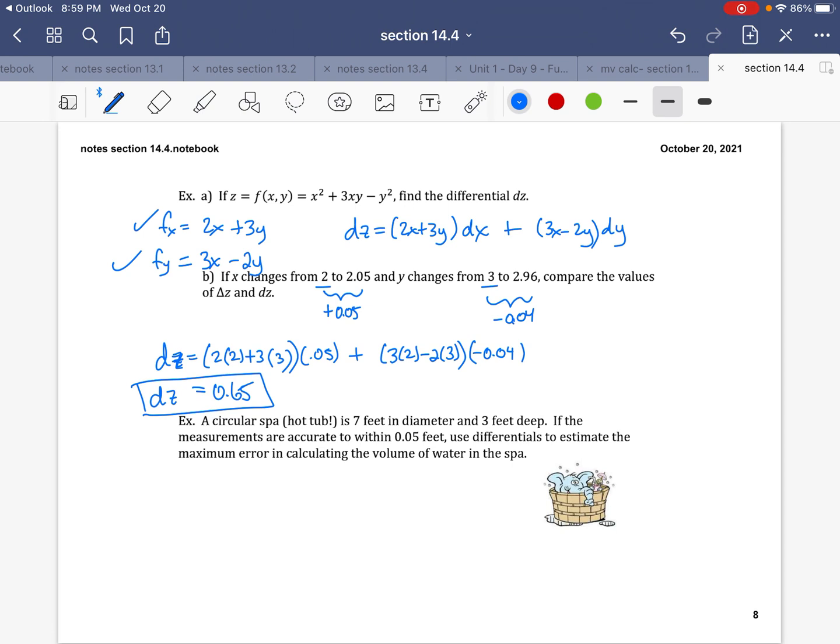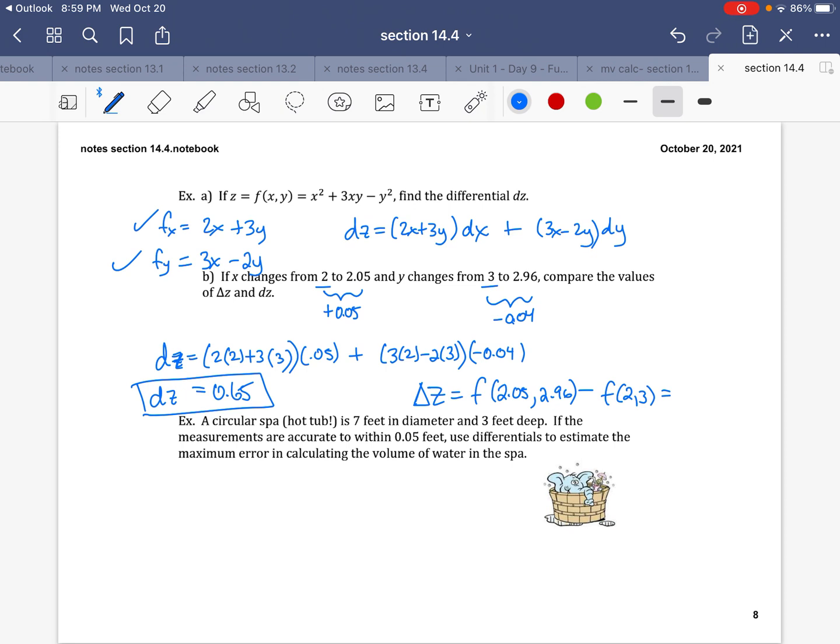Okay, so if we wanted to find the actual change in the function, we would have to do a little bit longer calculation. So the change in the function is going to be your new spot, f of (2.05, 2.96), minus your old spot, f of (2, 3).